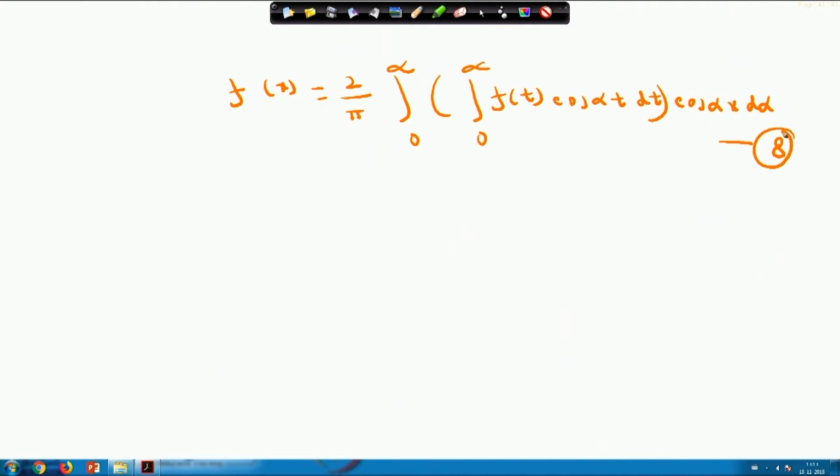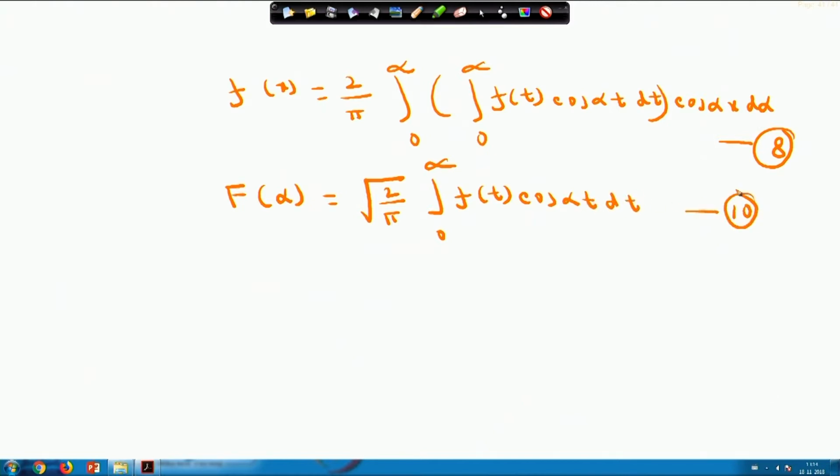So, in this equation 8, if we set capital F of alpha equals root over 2 by pi, integral from 0 to infinity of f(t) cos(alpha t) dt, this will be equation 10.